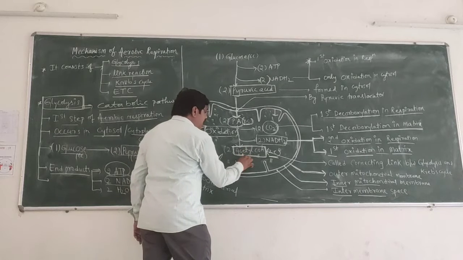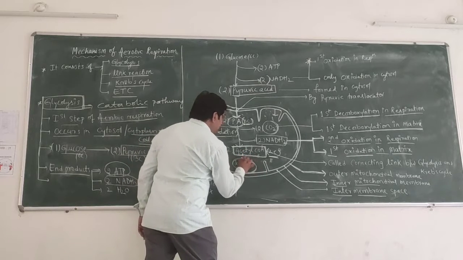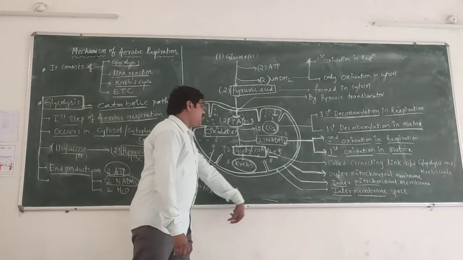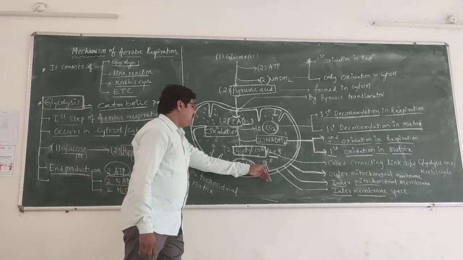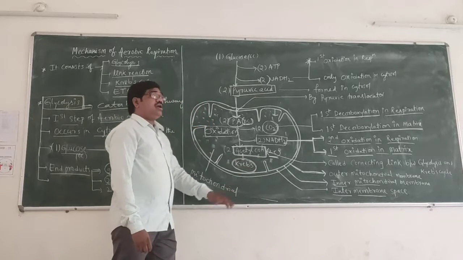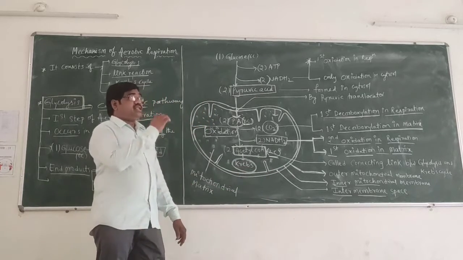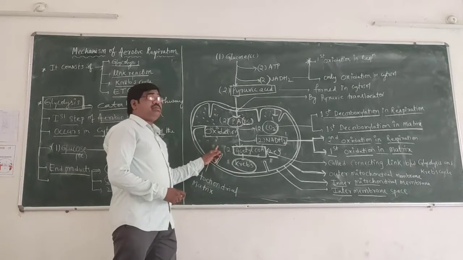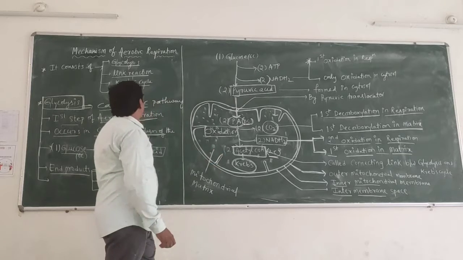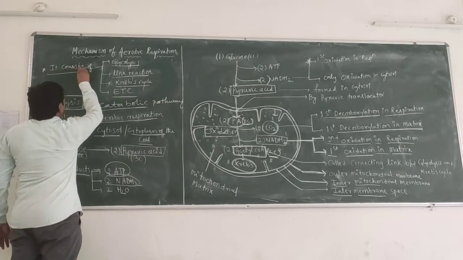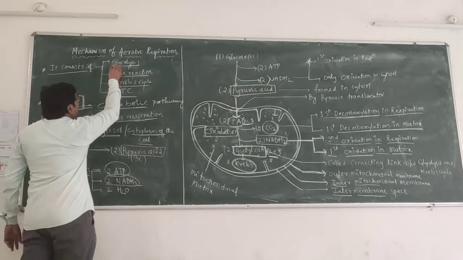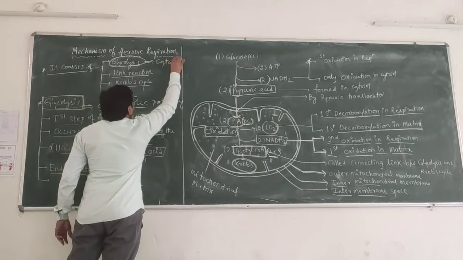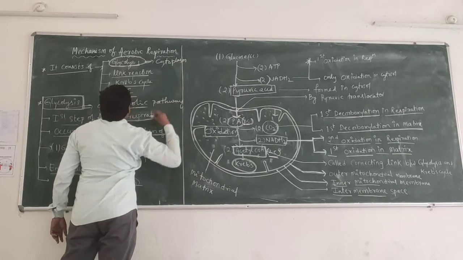This acetyl-CoA then undergoes the Krebs cycle. The Krebs cycle has eight different enzymatic reactions and takes place in the mitochondrial matrix. In aerobic respiration, glycolysis takes place in the cytoplasm of the cell.